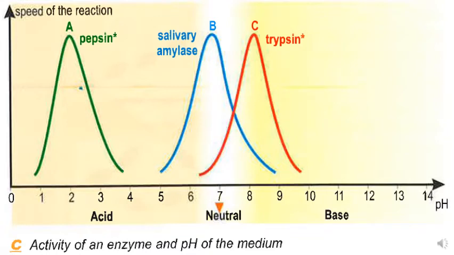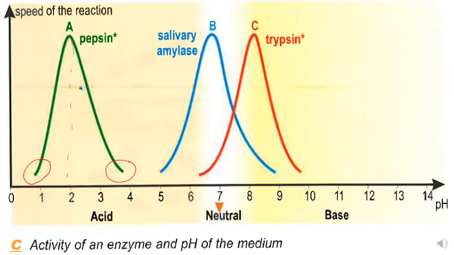Figure C: activity of the enzyme and the pH of the medium, acidic, basic, or neutral. For the pepsin enzyme, when the pH was 1, the activity was minimum. When it increases to about 2, the activity increases to the maximum. And then as the pH increases from 2 to about 3.8, 3.9, it decreases back to the minimum.